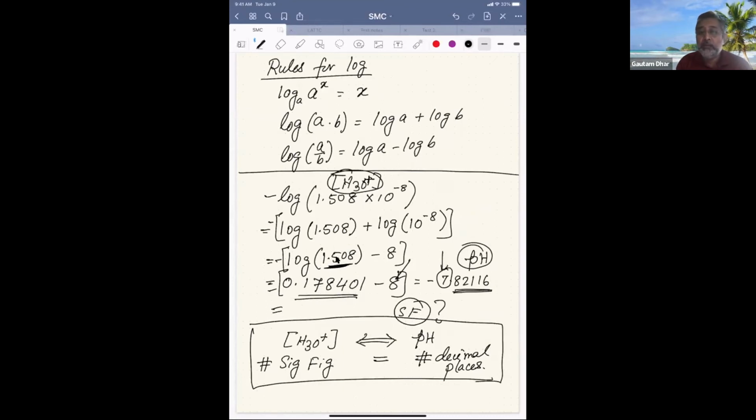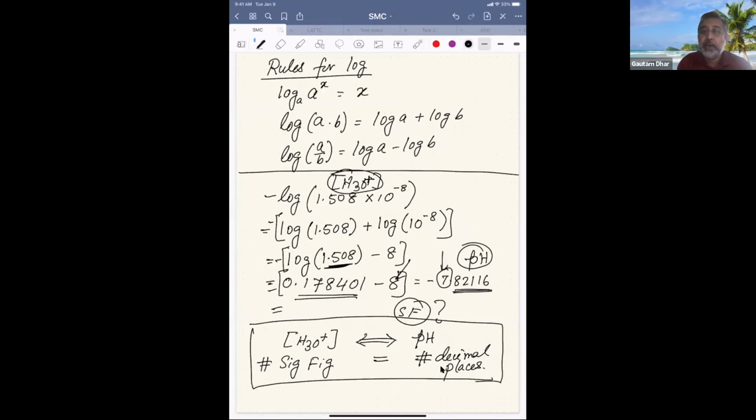That's why, when you are going from concentration to pH, the concentration has 4 significant figures, you must carry 4 decimal places here. And that comes from this rule. Okay. So the number of significant figures in the concentration of H3O plus will be equal to the number of decimal places. Okay.